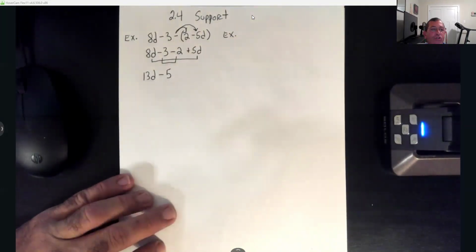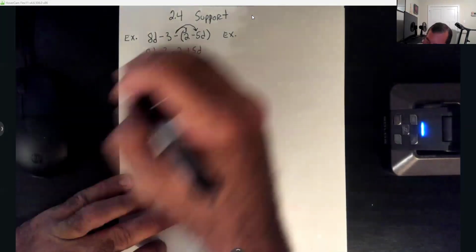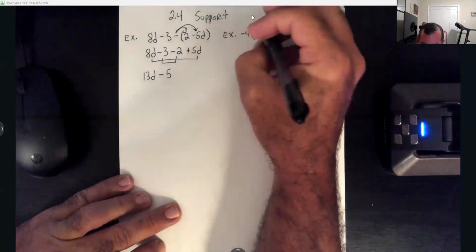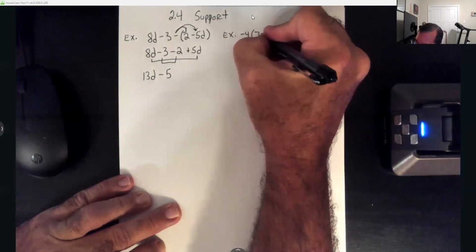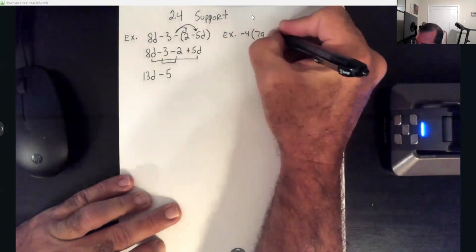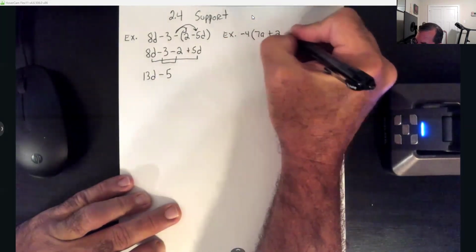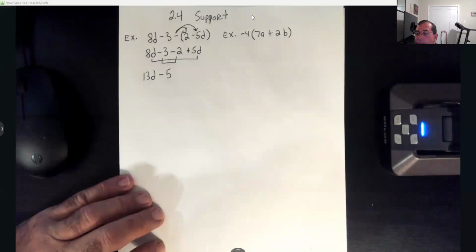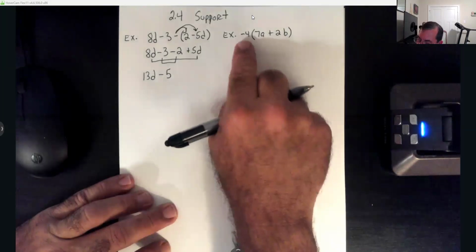Now, this next one is strictly a distributive property. They got negative 4 times parentheses 7a plus 2b. So y'all, here's the thing about this one.